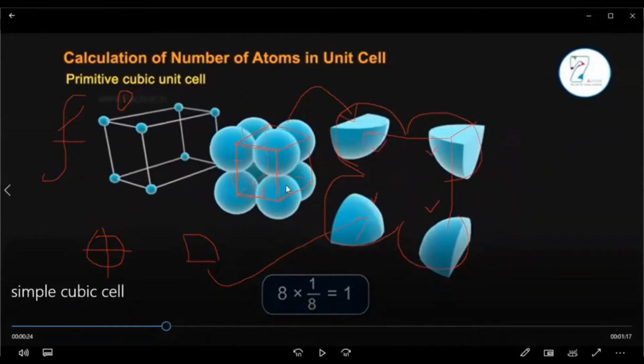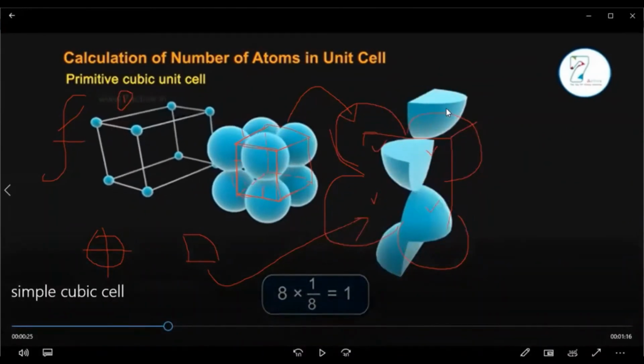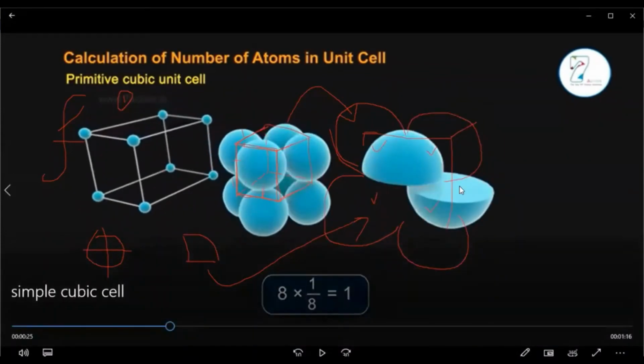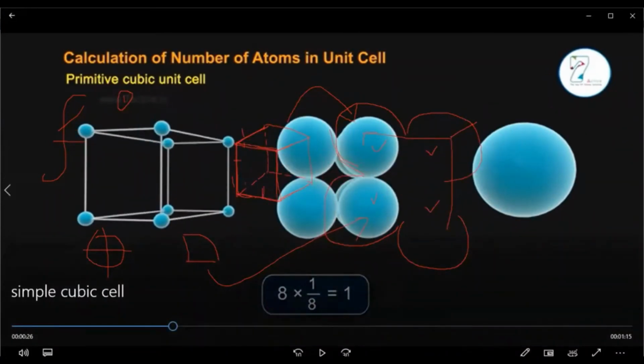Now you see 1 by 8, 2 of 1 by 8 forming 1 by 4, right? These 1 by 4 forming 1 by 2. This 1 by 4 and this 1 by 4 form a half, this 1 by 4 and this 1 by 4 form a half, and this half and this half now form a full object, you see.